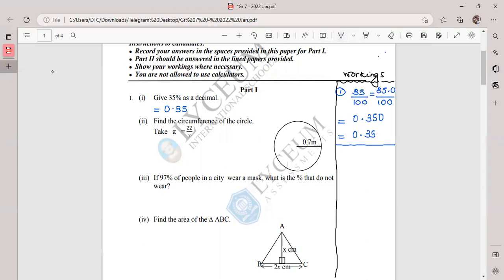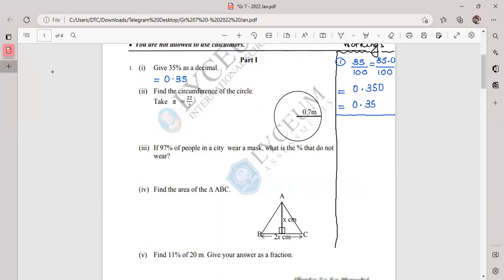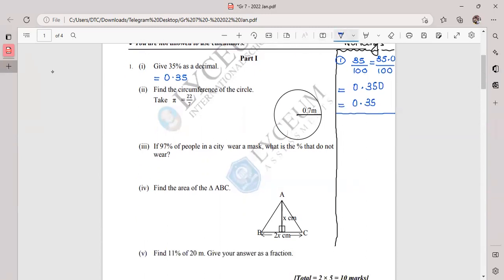Next one. So what is the formula we had to find the circumference of the circle, children? We do have 2 formulas. Can you remember that the first formula is C equals 2πr. The other formula we had is C equals πd, right?